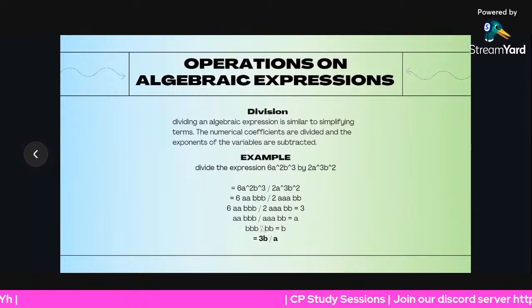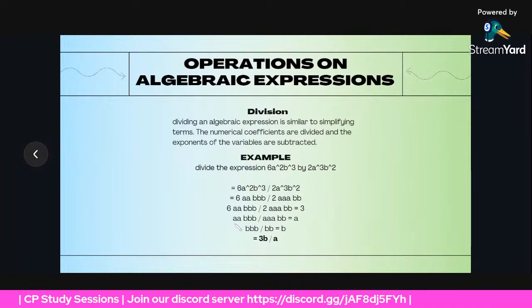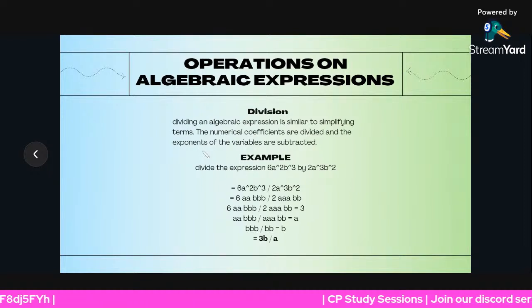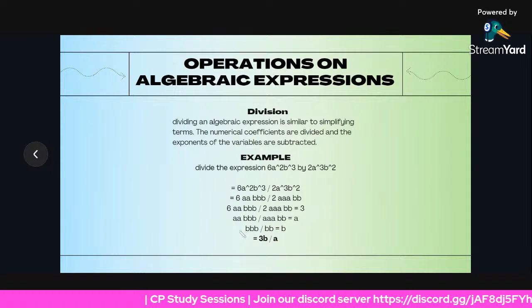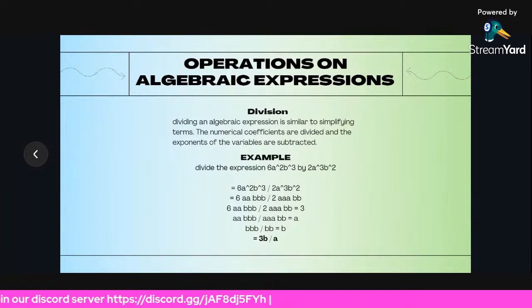Next, proceed tayo sa variable a muna. You have sa numerator is a squared and sa denominator is a cubed. So, sabi kanina, yung exponents ng variables is sinusubtract. Dito, yung a squared is isusubtract nyo sa a cubed.